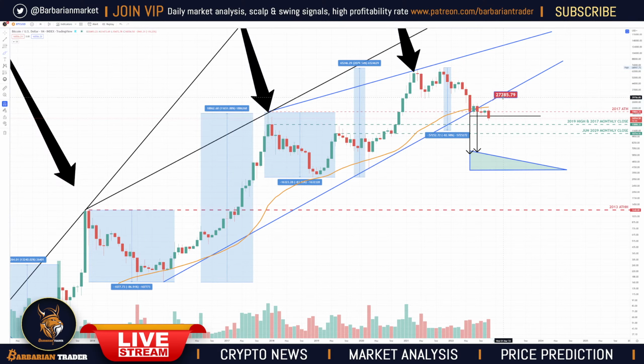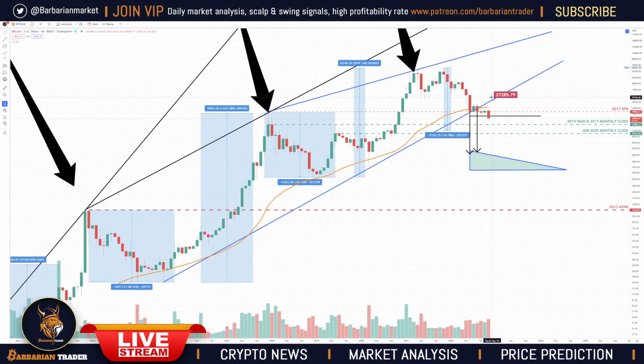I'm not saying it's not possible, but those are just for FOMO to kick in, to sucker more money into the market, and only then the big boys offload the bags and then it really plays out.